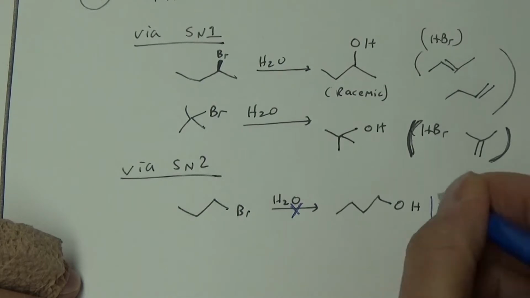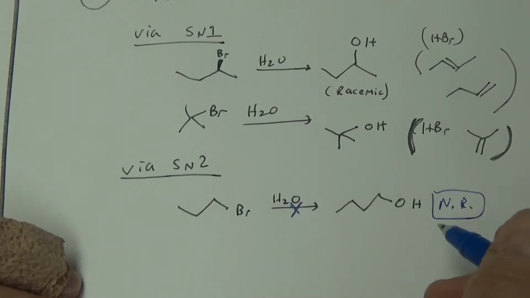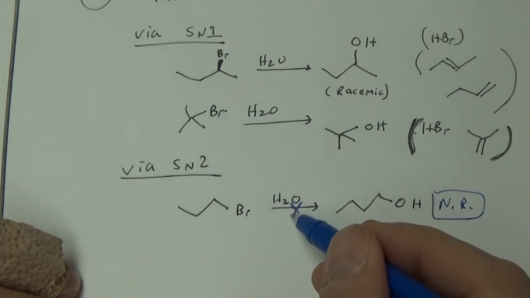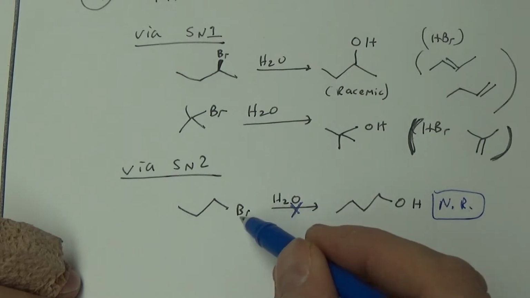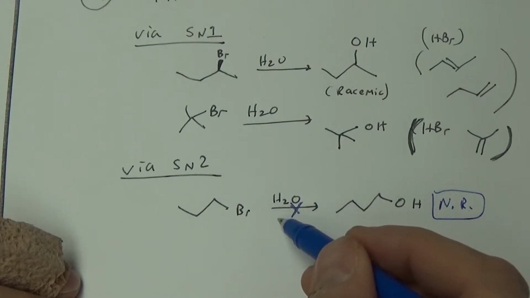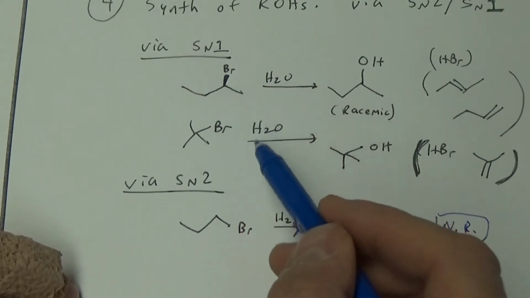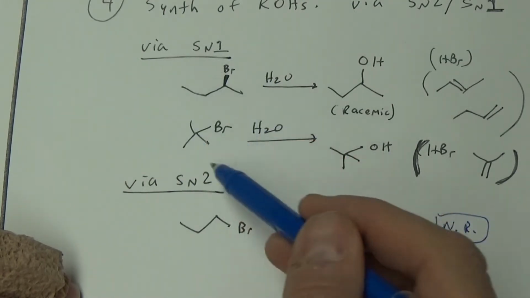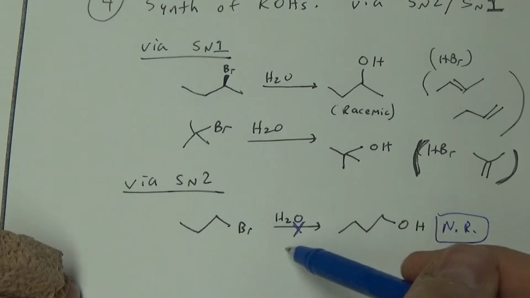NR, no reaction. Why is it a no reaction? Because the solvolysis goes through an SN1 mechanism. SN1 doesn't work on primary, because SN1 reactions go through a carbocation intermediate, and you can't do carbocations on primary, so this does not work.